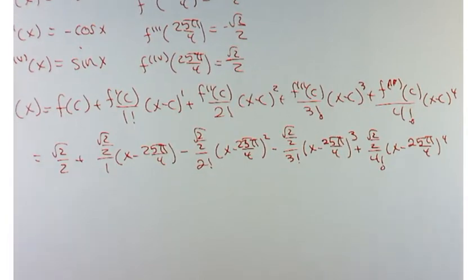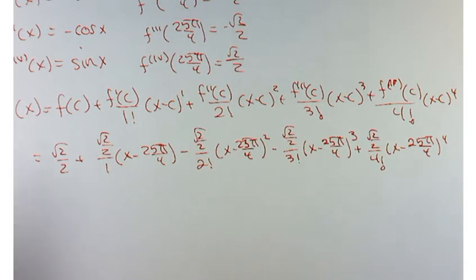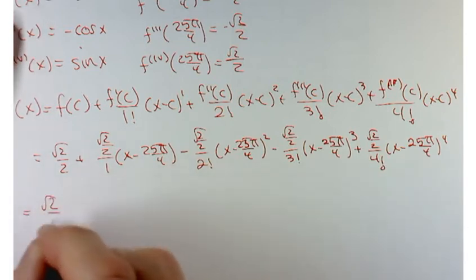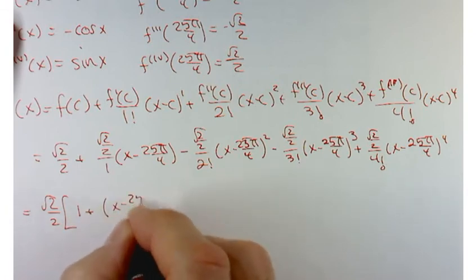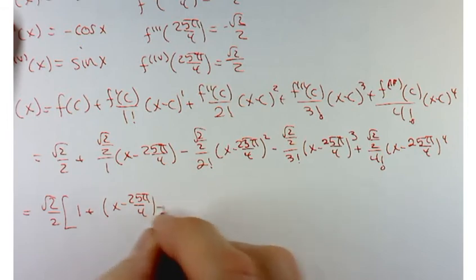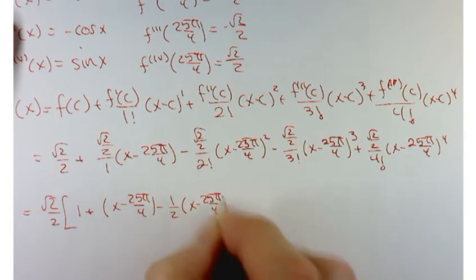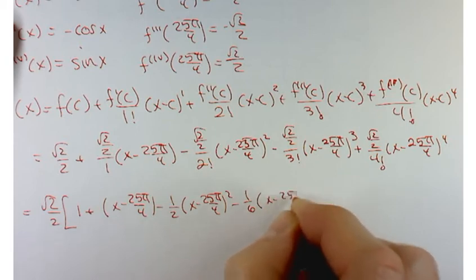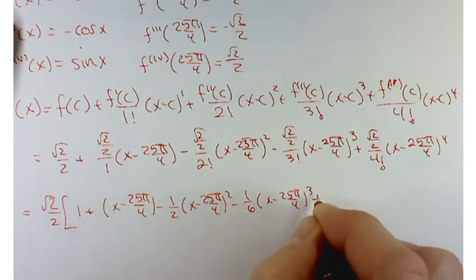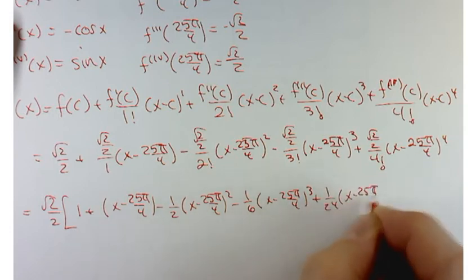If you're interested in cleaning this up, it actually does clean up okay. You could factor out the root 2 over 2 so you didn't have this on all your terms. So it'd be root 2 over 2 times 1 plus x minus 25 pi over 4 minus 1/2 times x minus 25 pi over 4 squared minus 1/6 times x minus 25 pi over 4 cubed plus 1 over 24 times x minus 25 pi over 4 to the 4th.